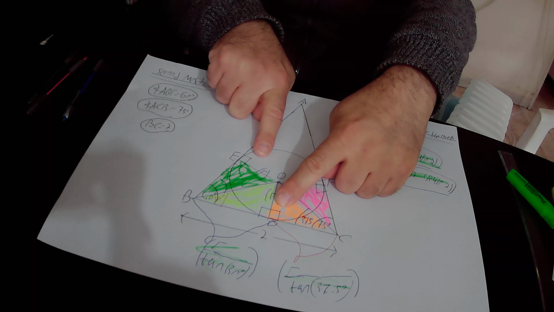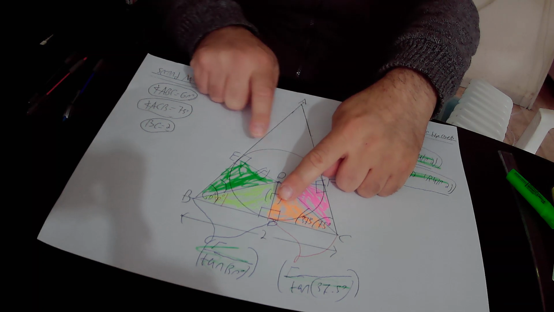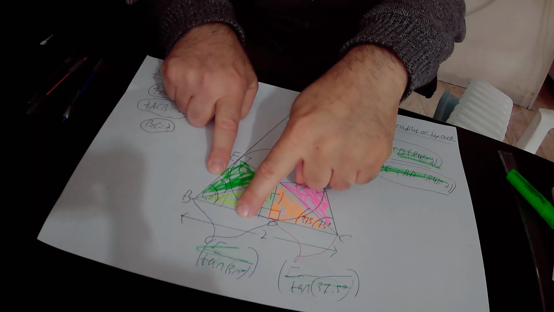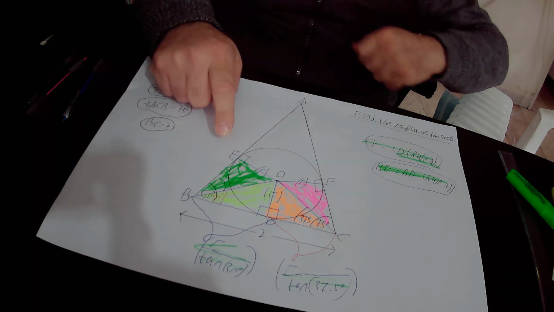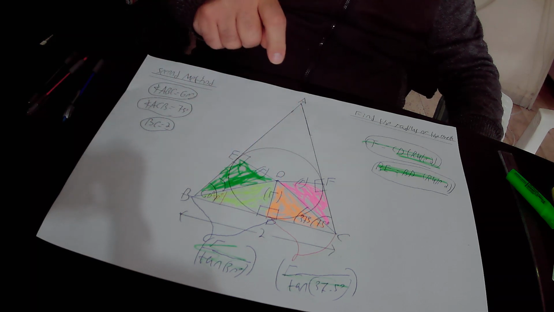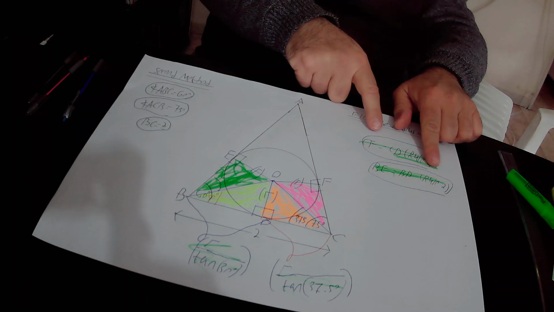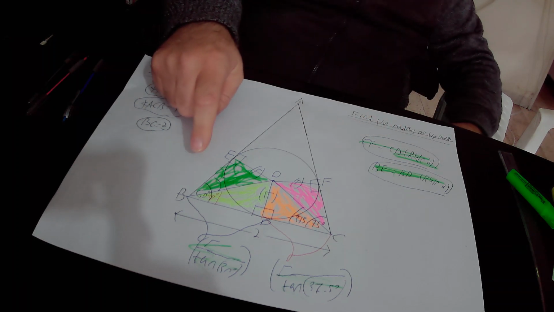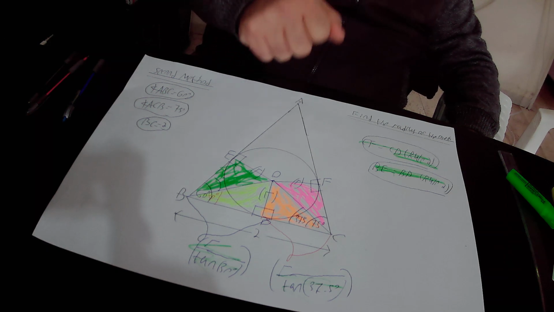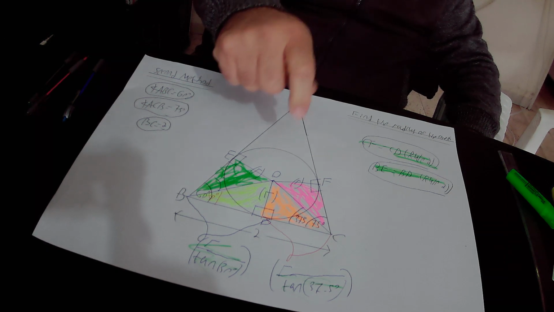So EO equals OD. Those two sides are also equal to each other according to rule number 2. That is to say, BE equals BD according to rule number 2. And finally, side BO is a common side that belongs to both triangles. So BO equals itself as a common side.